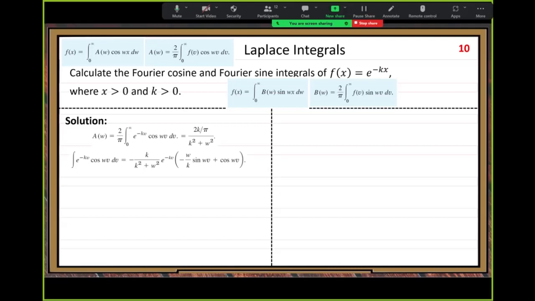Then we can write the Fourier cosine integral expression by the formula. Here we apply it: f of x equals e to the negative kx equals this integral. That's the first example. Now you can see e to the negative kx equals this integral.